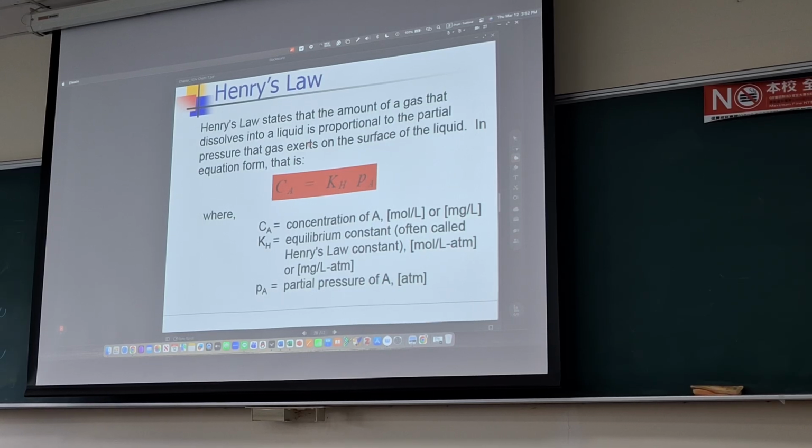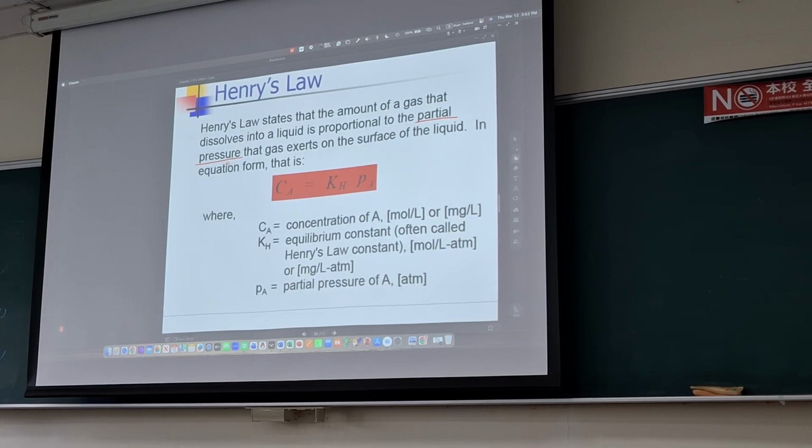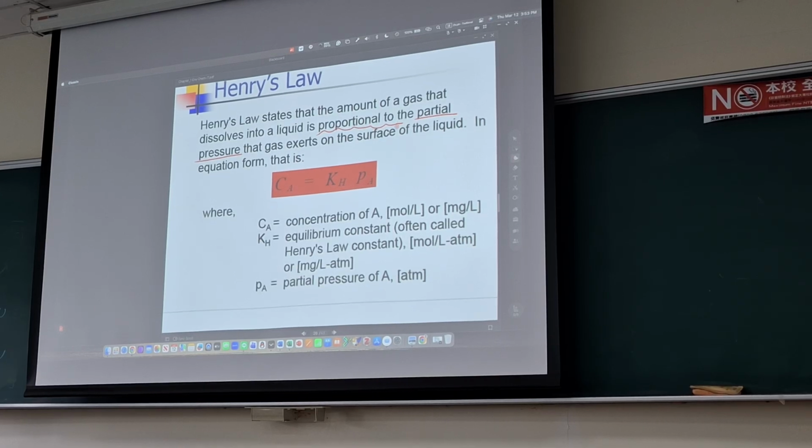So Henry's law means the amount of gas that dissolved in a liquid is proportional to, the keyword here, please highlight, partial pressures. Okay, it's proportional to partial pressures of the gas above the liquid.